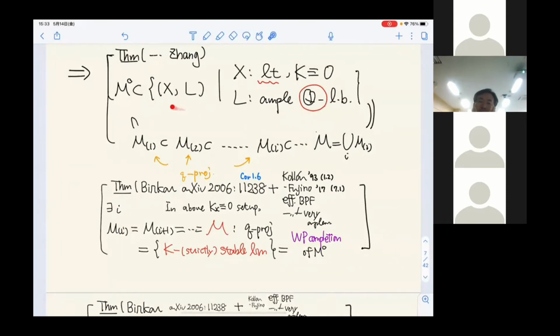So these are all the non-collapsing limits, I mean the log terminal K-trivial ones, and it has some filtration by quasi-projective pieces. The point is that L, this polarization, is a priori just a Q-line bundle.